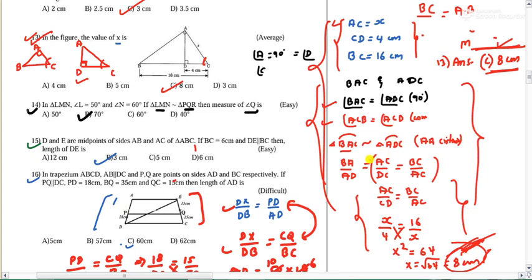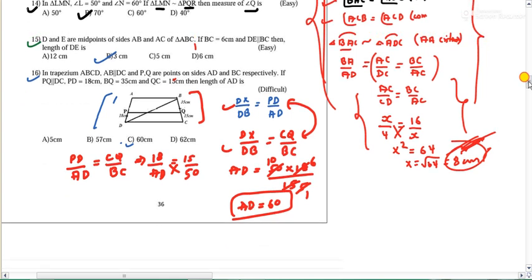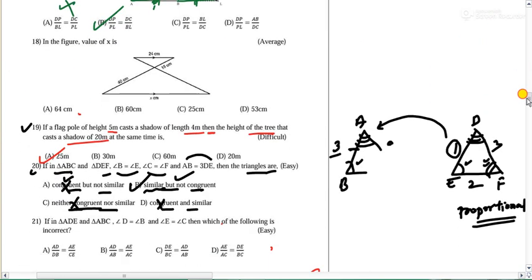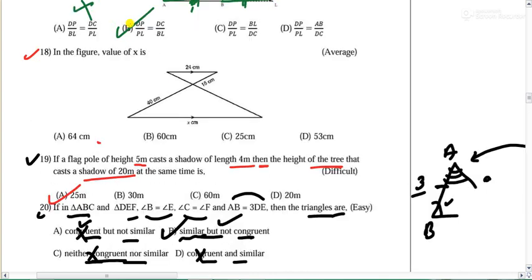Are you getting it? So you can see how you are going to solve it and which type of similarity criteria is being used. These are all MCQs; first you need to have the knowledge. Okay, next question number 18. Again, a similar thing.